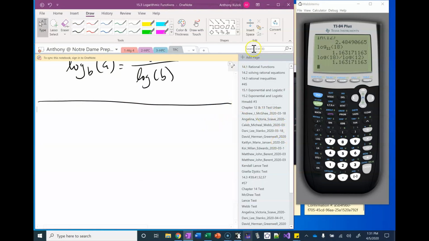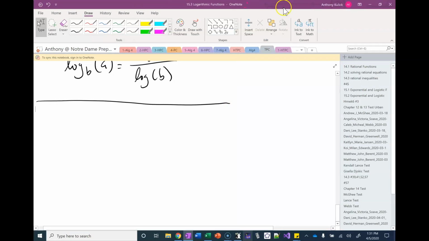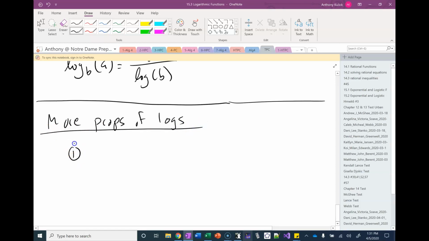Now, what I want to talk about are 3 other properties of logarithms. These have names. The first one is called the product property. It says log base b of x times y is equal to log base b of x plus log base b of y.